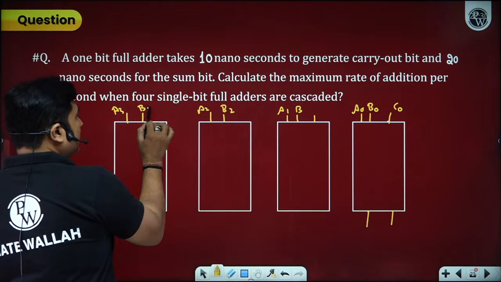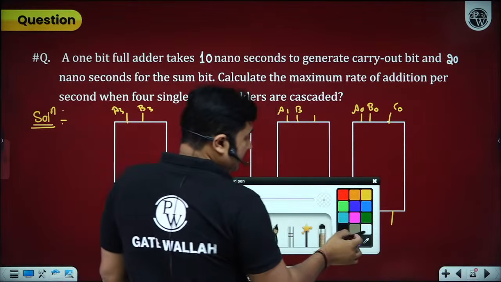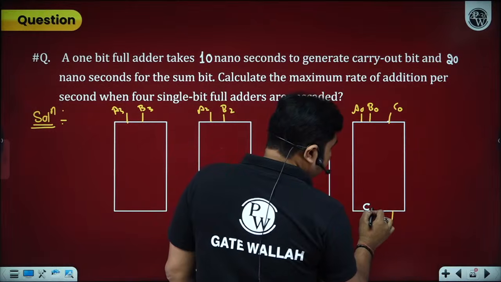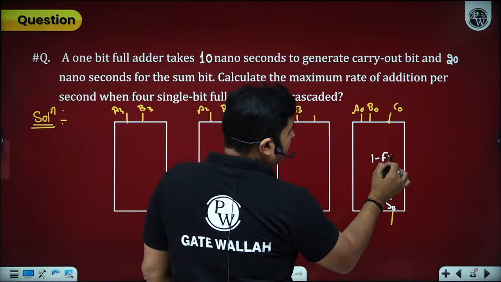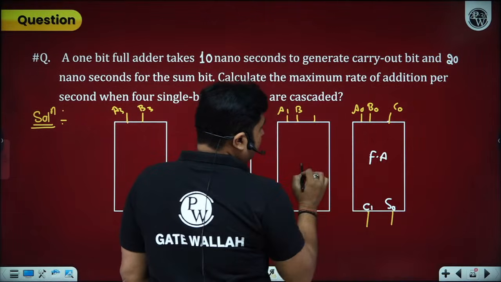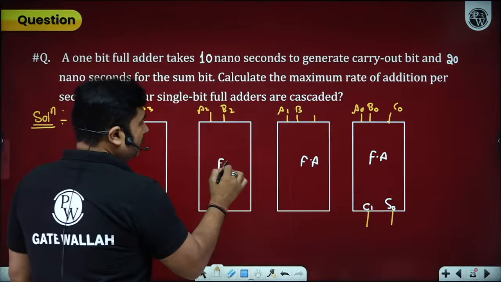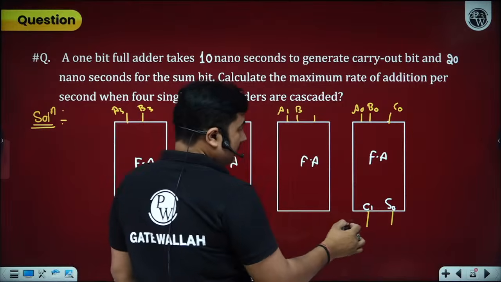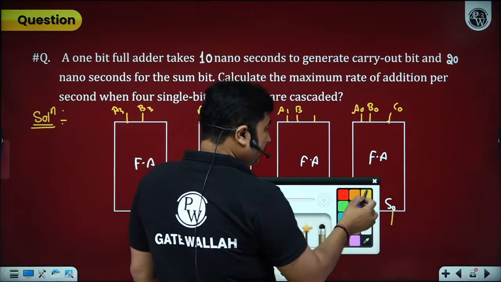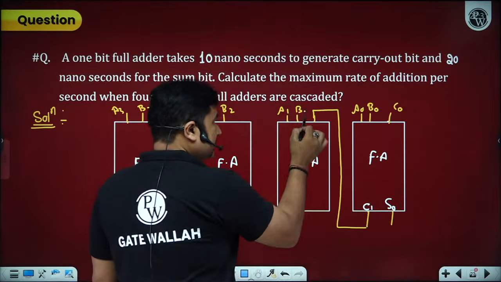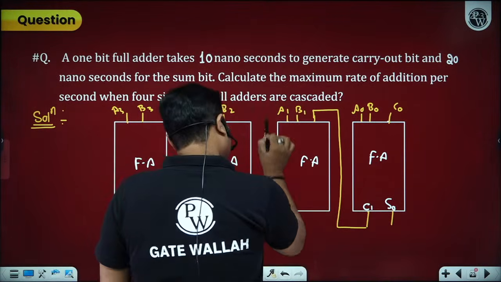The data is not given. Only how much time it takes to generate carry and how much time it takes to generate the sum bit is given. So we have 1 bit full adders, and the output carry of the least bit becomes the input of the next, and it goes on.